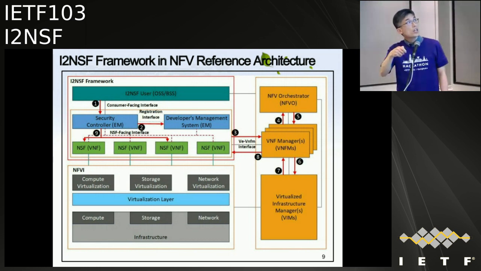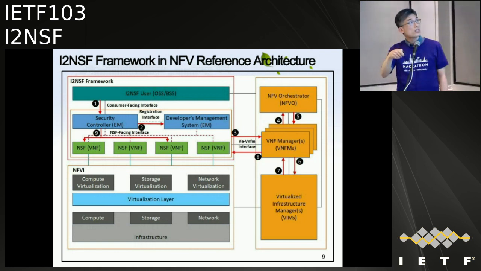So DMS has an interface, either Or-Vnfm or Ve-Vnfm, to the VNF manager. That one is used for lifecycle management. So this one talks to the MANO orchestrator, and then it allows the generation of the VNF. And then this also talks to the virtualized infrastructure manager to create the corresponding VNF.